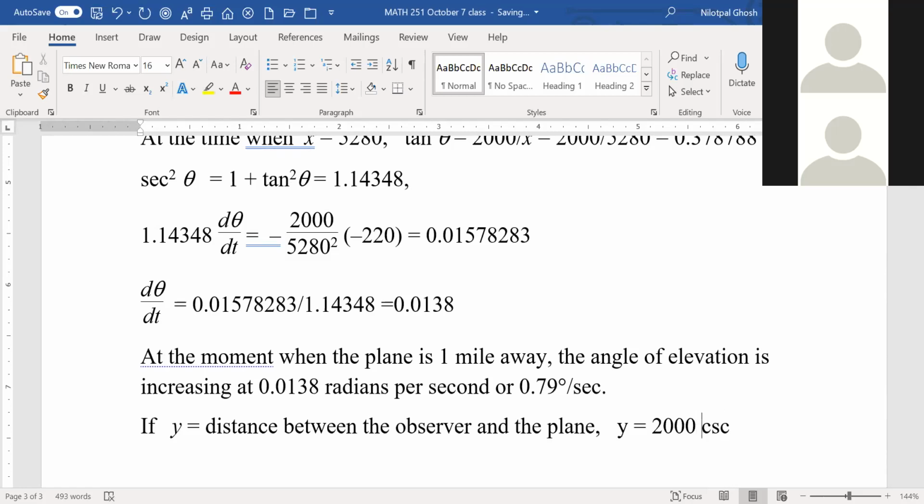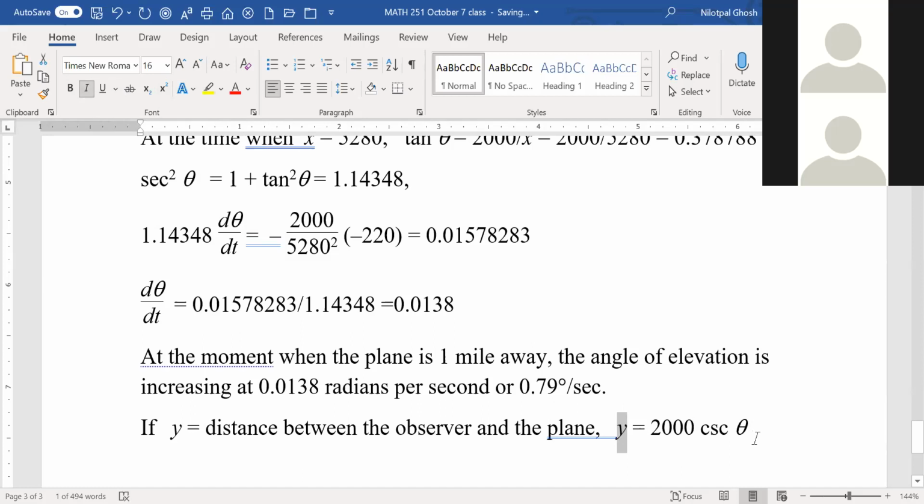Wait a minute. Cosec theta, right, 2000 times cosec theta. Oh, this theta is increasing, right? Where is theta? So I can write it in terms of cosec theta if I like.